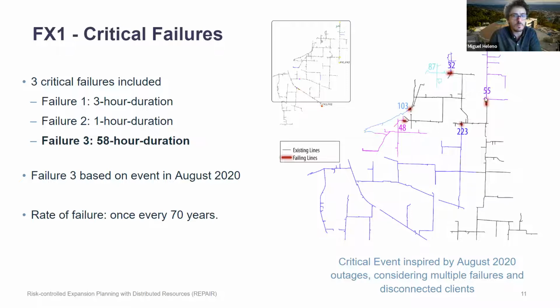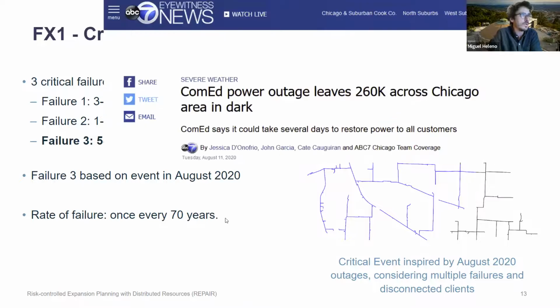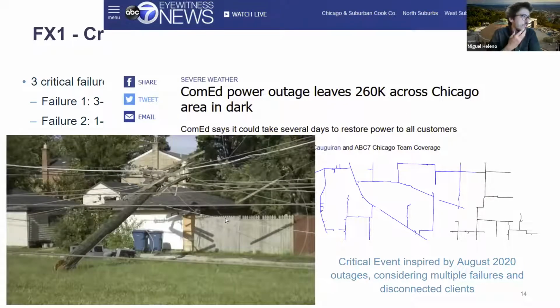As you can see, multiple lines went down, so multiple failures at the same time, and it is very hard to repair all of them at the same time. Each of these failures has a different duration, but on average they are 58 hours. This was actually a huge storm. Here are some news reports from that day.